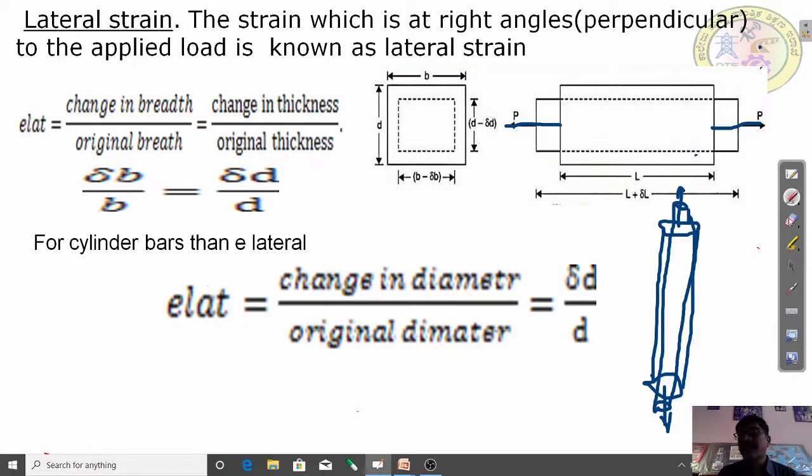When we consider change in length by original length, it is linear strain. When we consider change in diameter, which is perpendicular to the applied load, then we call it lateral strain. For lateral strain, we write it as change in diameter by original diameter.